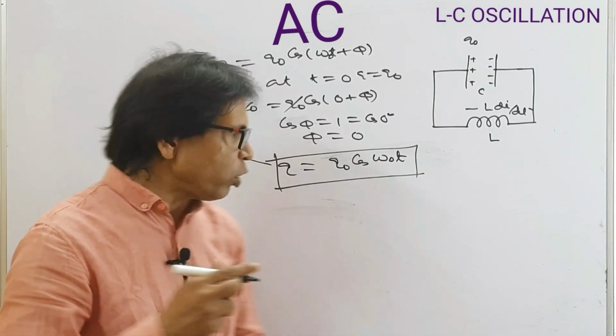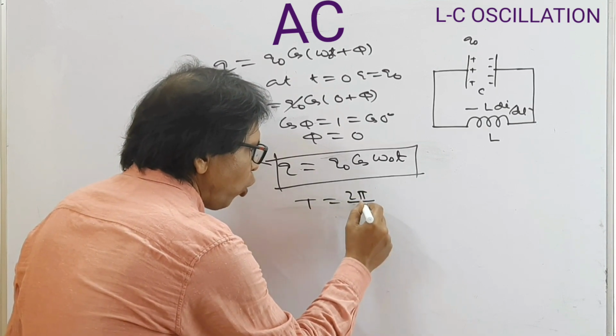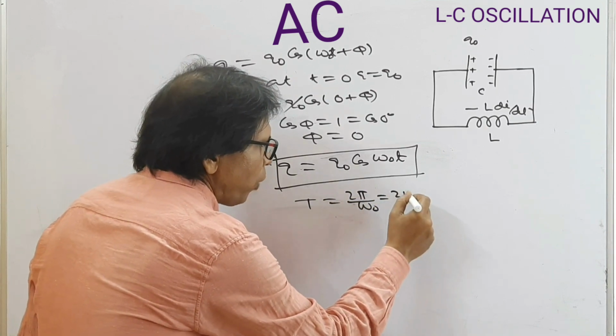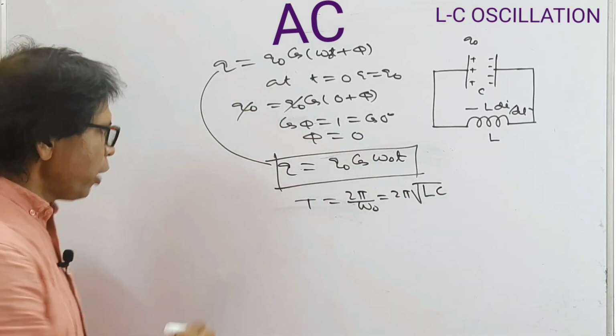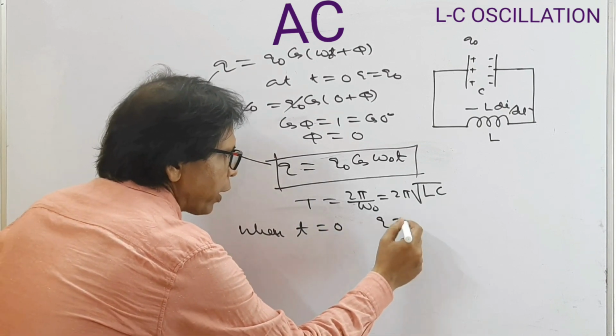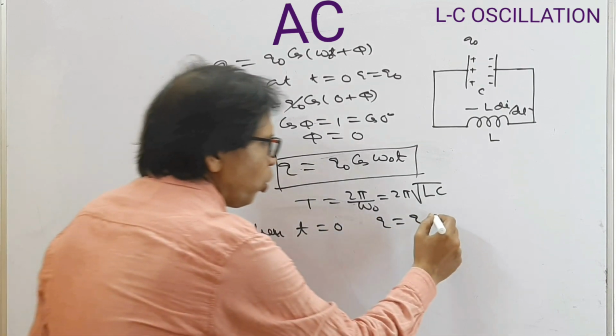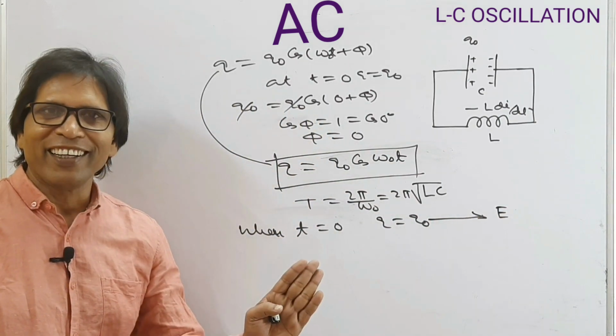Now the period of oscillation T equals 2 pi by omega naught. So this is 2 pi root under LC, the period of oscillation. Now look at this, when t equals 0, Q equals Q naught. Therefore the total energy is electrical in the capacitor.